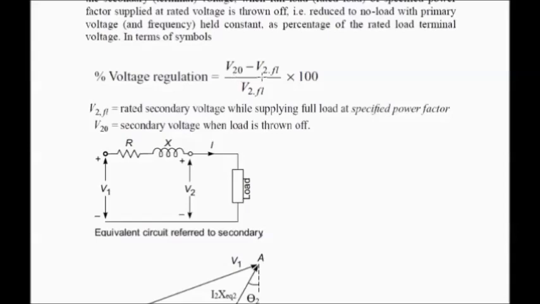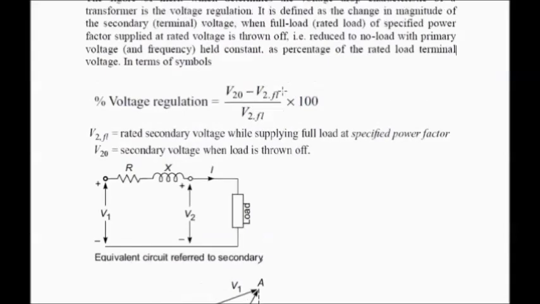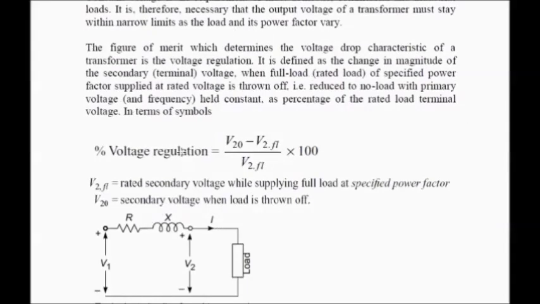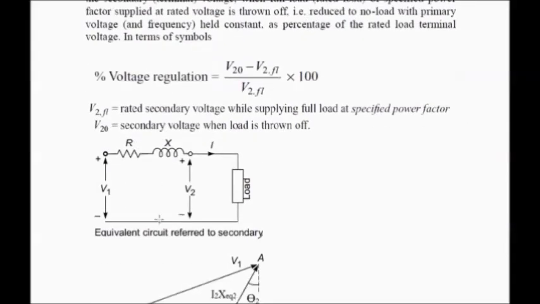Ideally this V2 naught minus V2 full load should be 0, and practically it should be as small as possible, so that we get constant voltage across the output of the transformer. The output of the transformer acts like input to the load, so the output voltage should not vary very much. Now let's see how to calculate this.